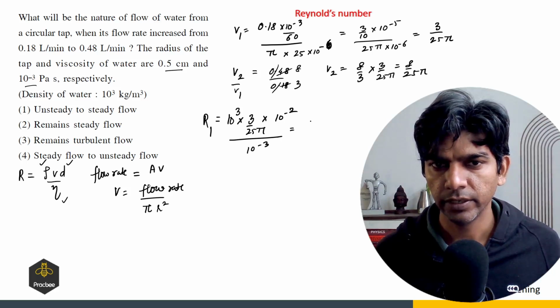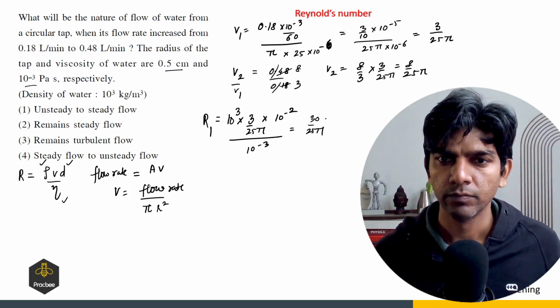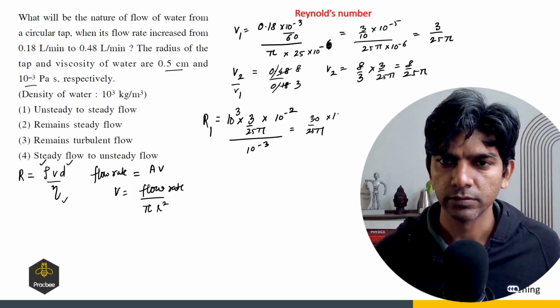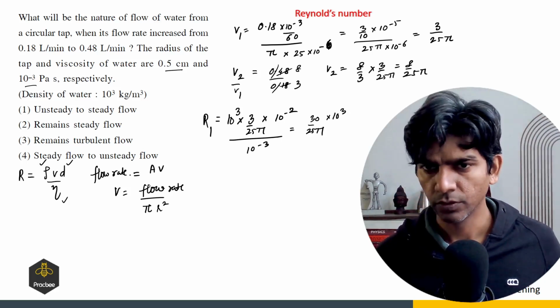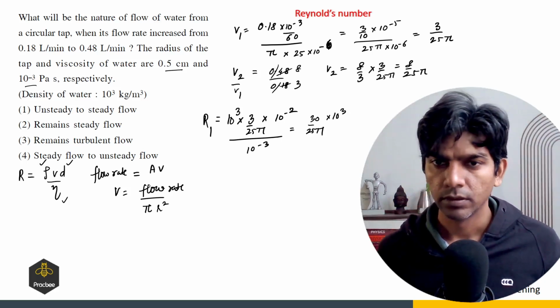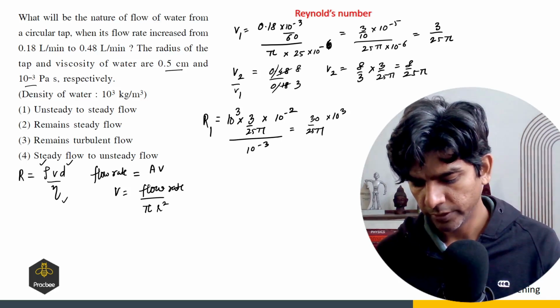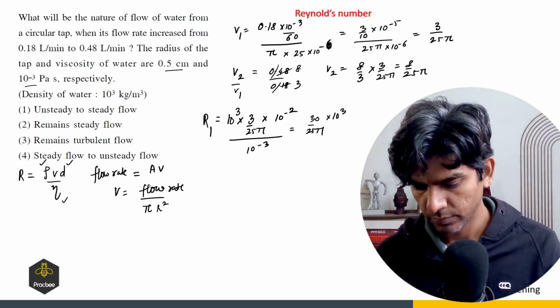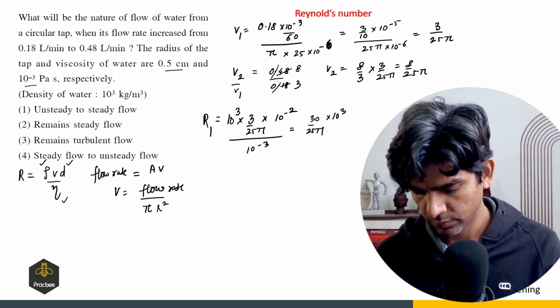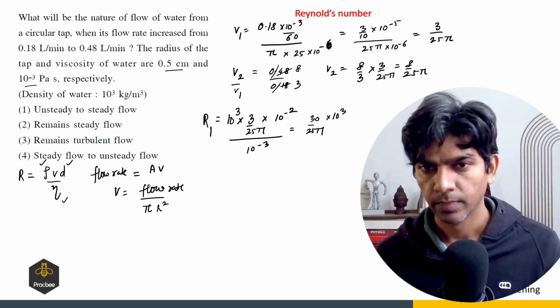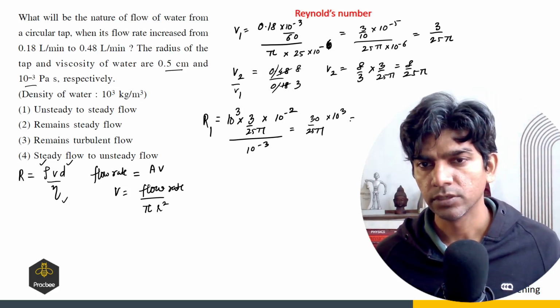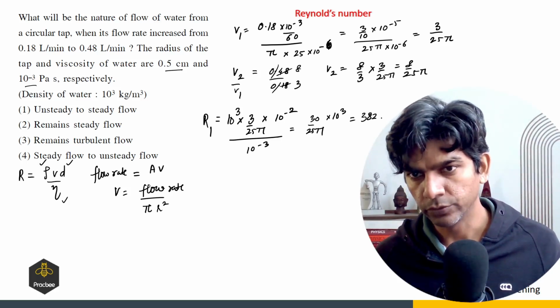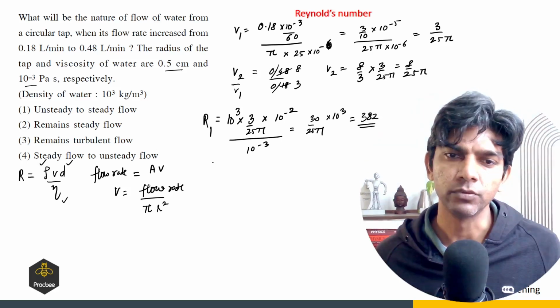So it will be 30 upon 25 pi times 1000. Okay, so we got 30,000 upon 25 pi. So this comes out to be 382, right? So this number comes out with 382.